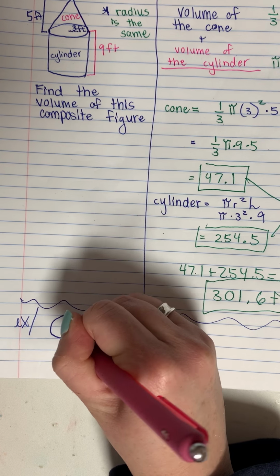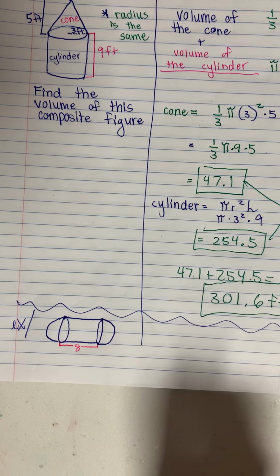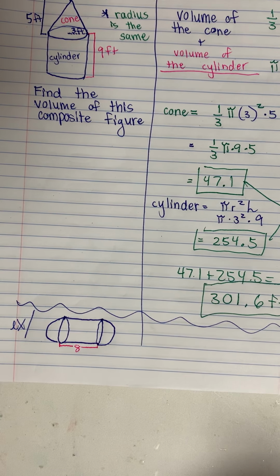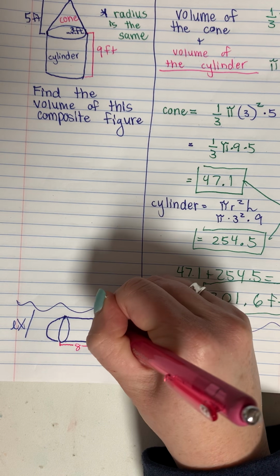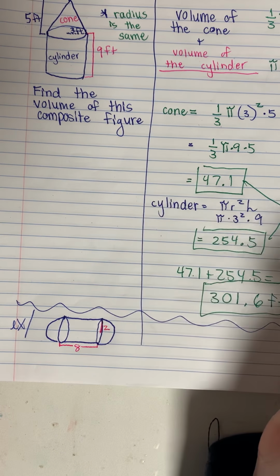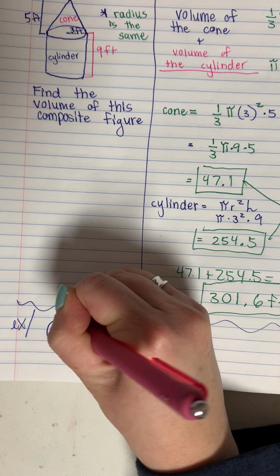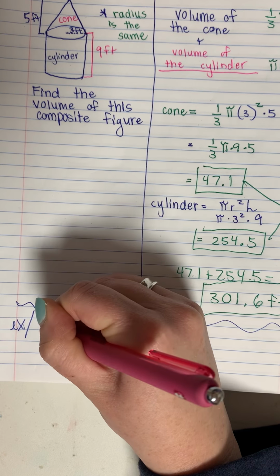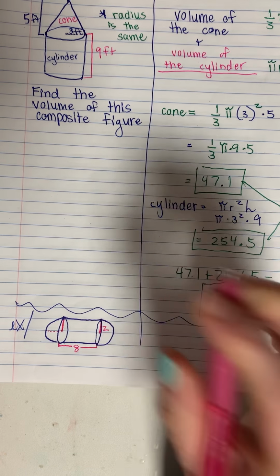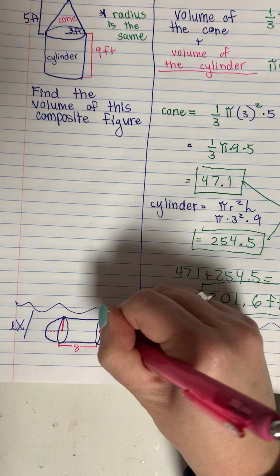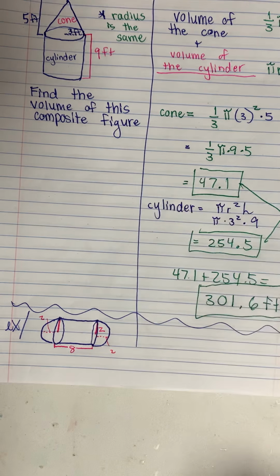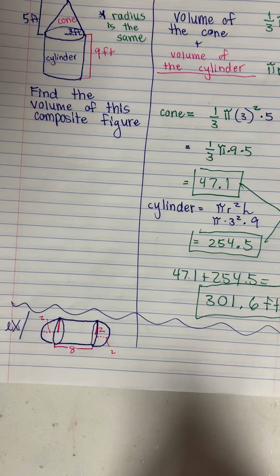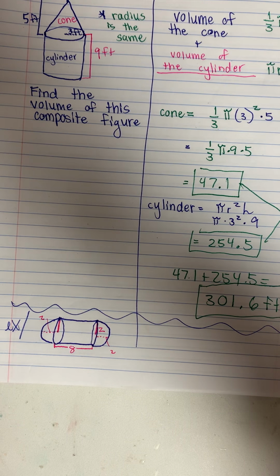We're going to say 8 feet long for the cylinder, and let's make it a radius of 2. So if this is a radius of 2, that means the height is also 2. But I don't think you need to worry about that. Okay, so go ahead and try finding the volume of that one. And you're done.